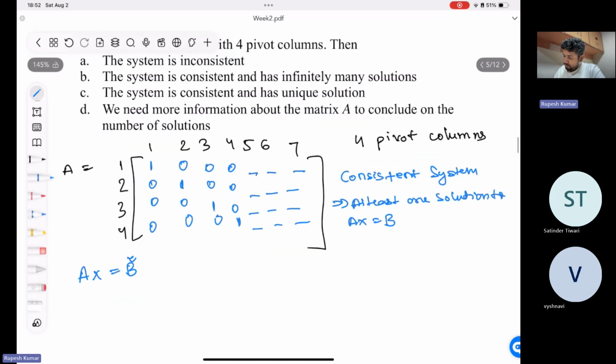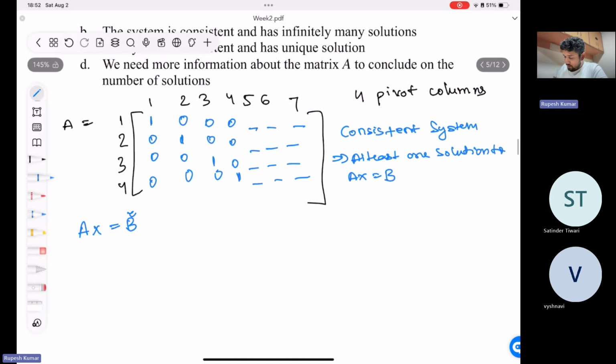Now we have four pivot columns. Again, what is the number of rows? The number of rows is 4. The number of columns is 7.